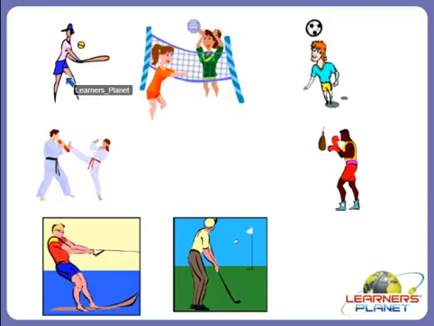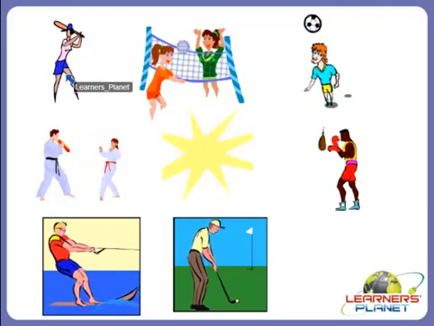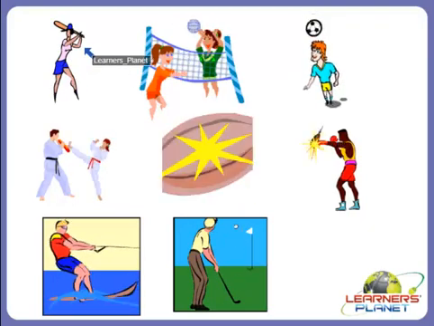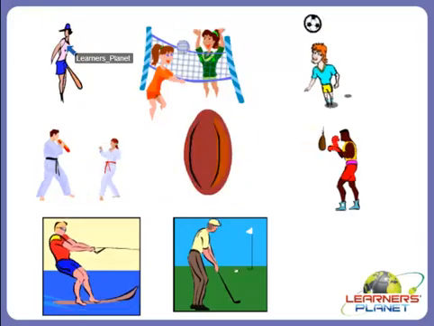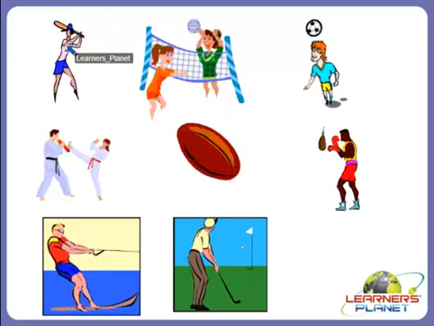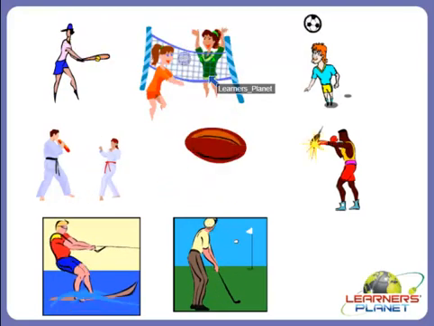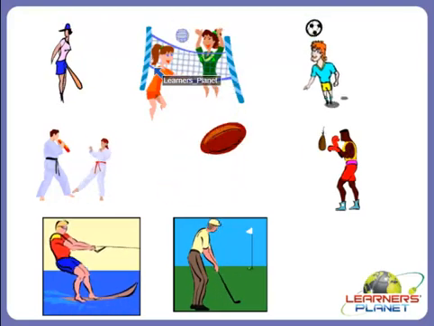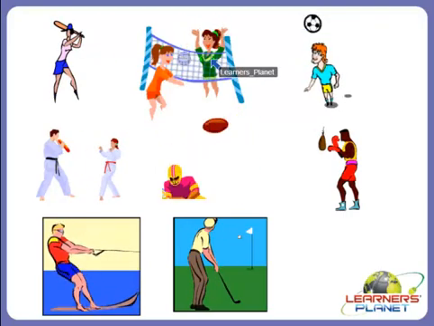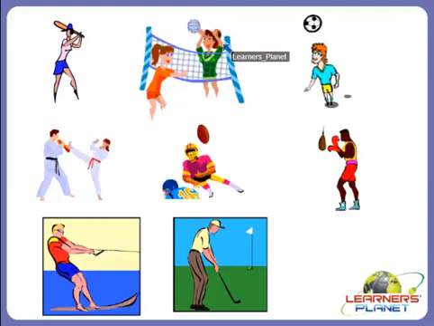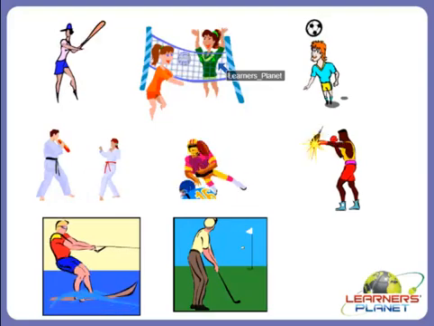Children, we can see that this is a girl playing baseball and using her arm muscles. This picture shows two girls playing volleyball using their arm muscles and the wrist bones.